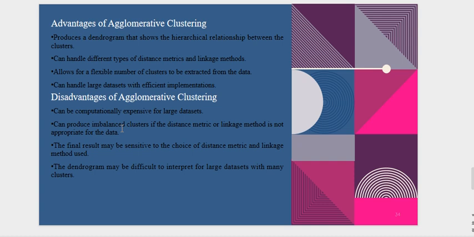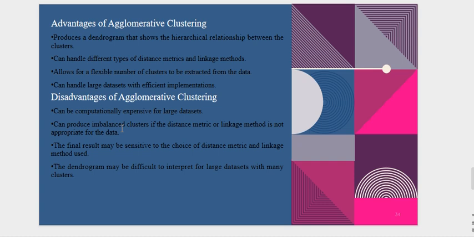The disadvantage is it can produce imbalanced clusters if the distance metric or linkage method is not appropriate, and it may also be sensitive. Because of the computational effort for calculating the distance metric, it becomes a little computationally expensive.